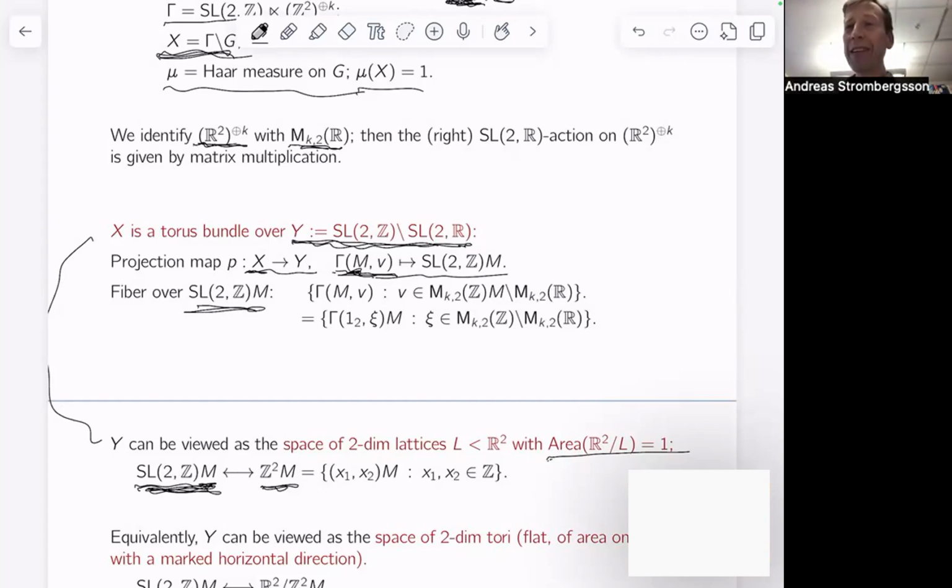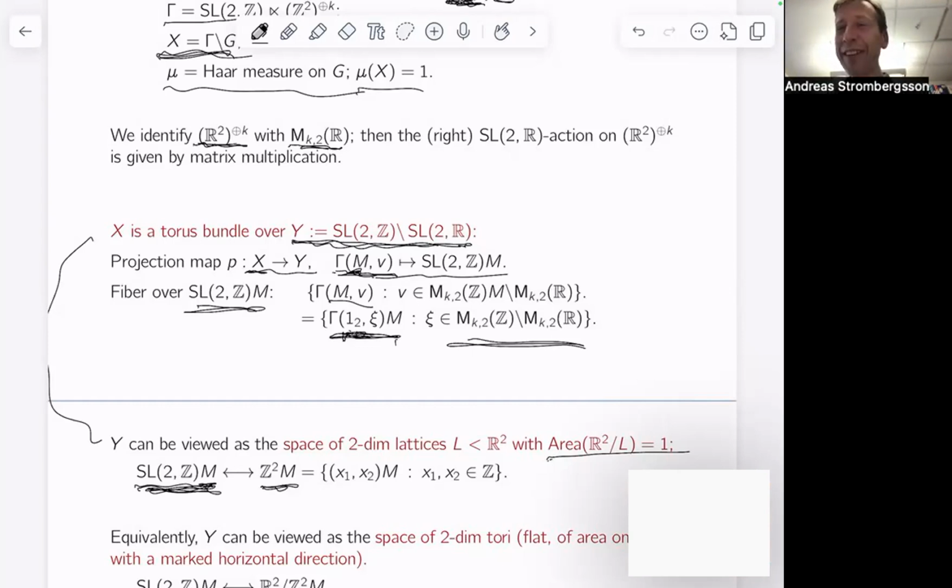It can be parameterized in two different ways. Most often I will use this parameterization, where you write this element, the identity matrix comma xi, before the M, and then xi lives inside this torus, real matrices modulo integer matrices.